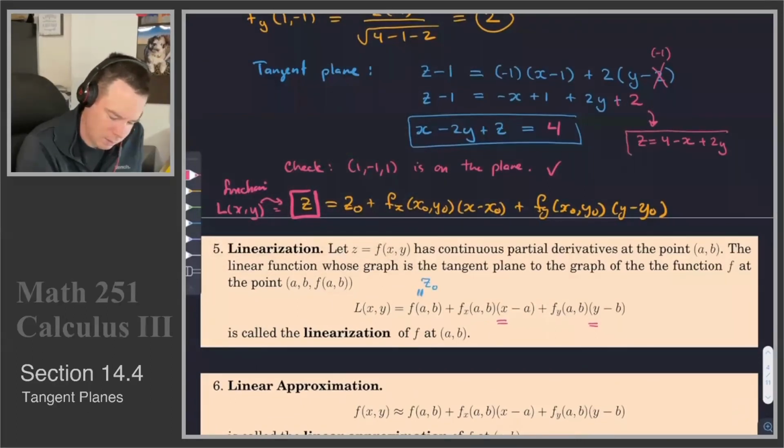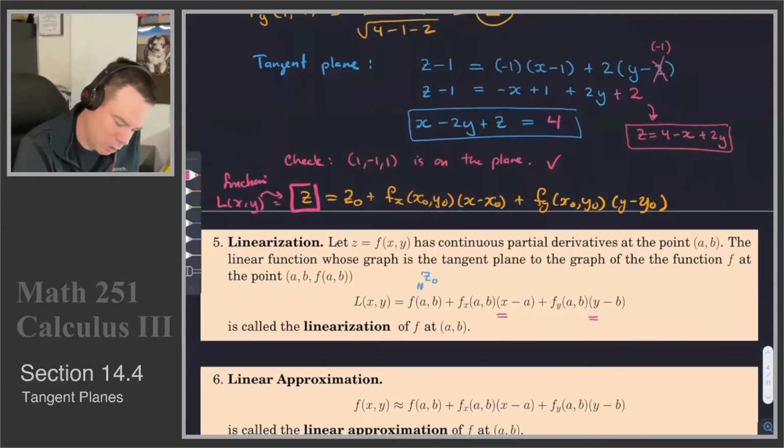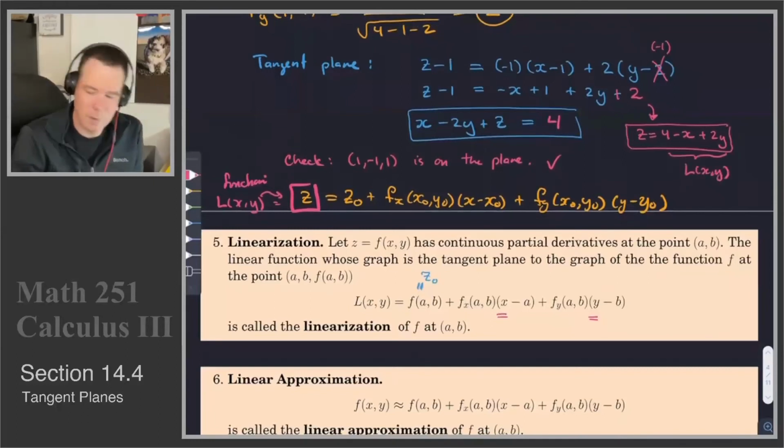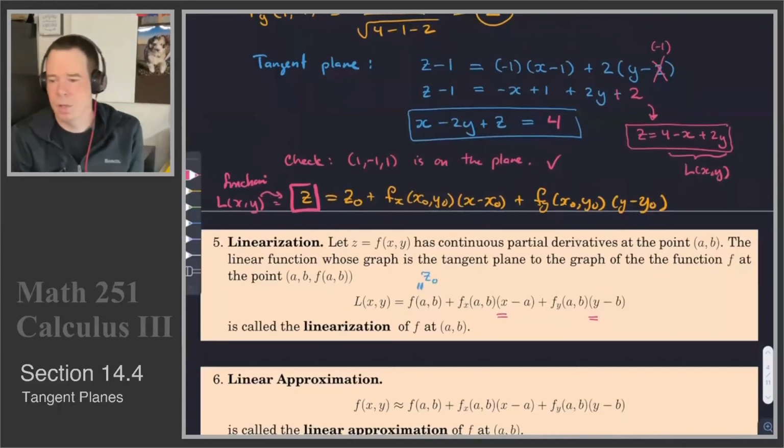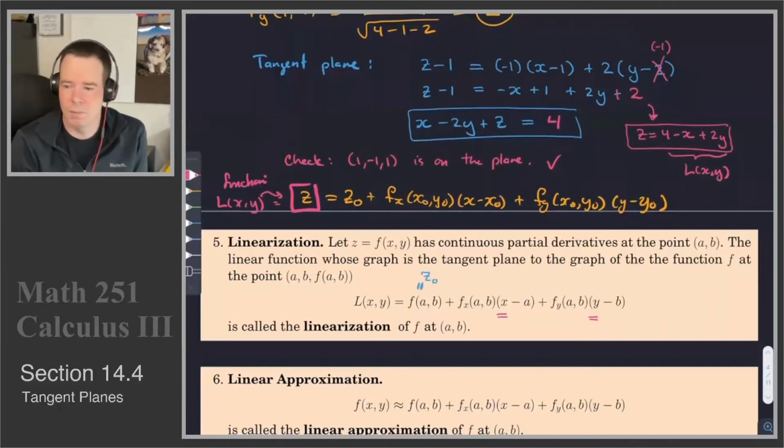This is the equation of the tangent plane, but now we've written it as a function, and this is what we're calling L of xy. It's just a linear equation, and so it gives us the equation of a plane. And I can use that to approximate my function.